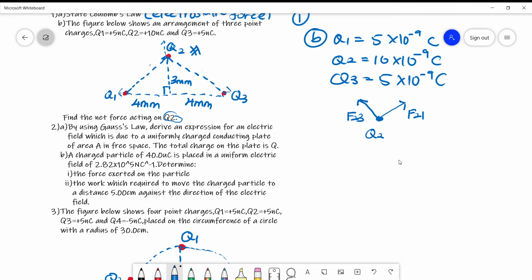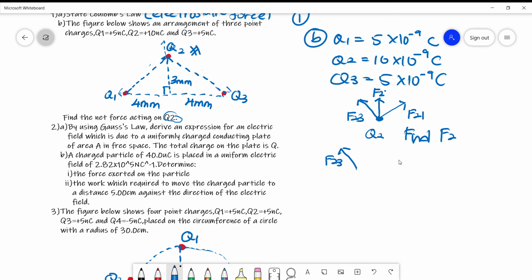So what we need to do is find F2. F2 is this one in the middle of F23 and F21. So this is F2. Okay, let me just explain it one by one. Let's say this is F23.